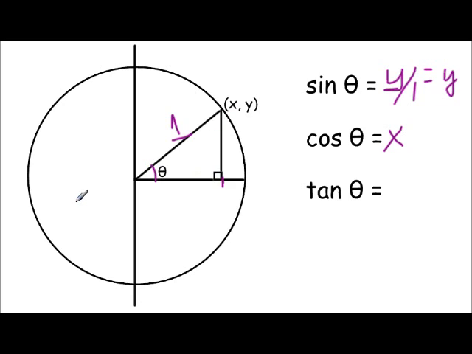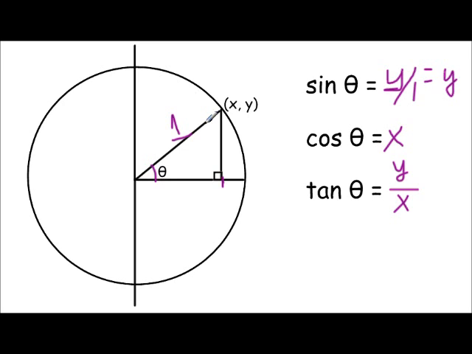The adjacent side to the hypotenuse is just 1, so cosine is just the length of this adjacent side. And tangent of theta is the ratio of the opposite side to the adjacent side, so that will be y divided by x.